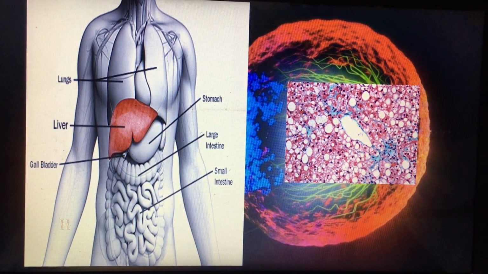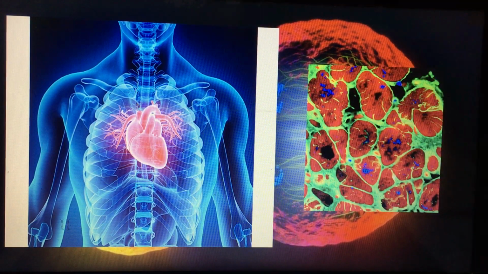In mammals, for example, in our bodies, we have different organs like liver. Liver produces liver cells and heart produces heart cells. And also we have other organs like lungs. Lungs produce lung cells and so on.